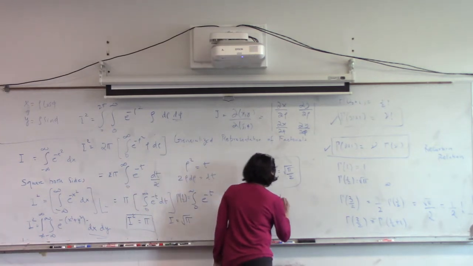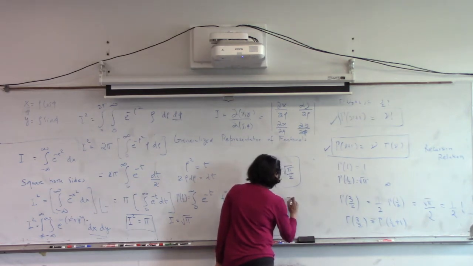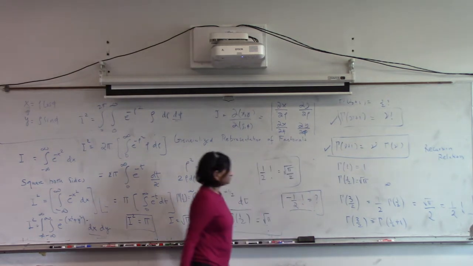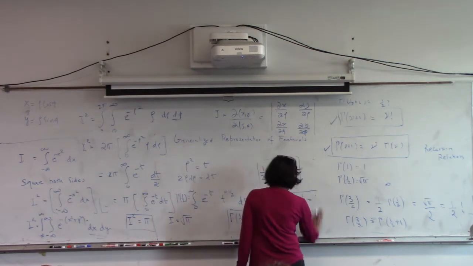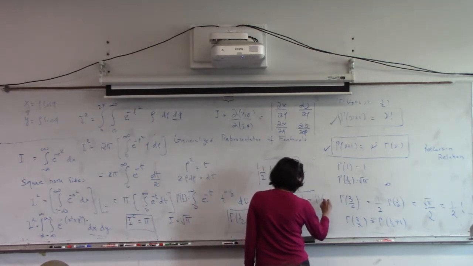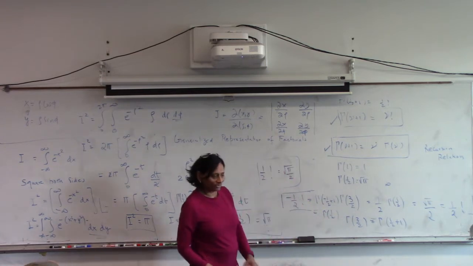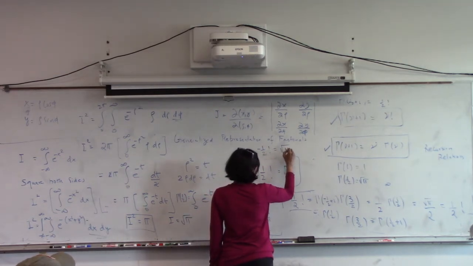If I want to calculate negative 1/2 factorial, what is that? That is gamma of negative half plus 1, which is nothing but gamma of half, which we have calculated. So it's square root of pi. So negative 1/2 factorial is square root of pi.